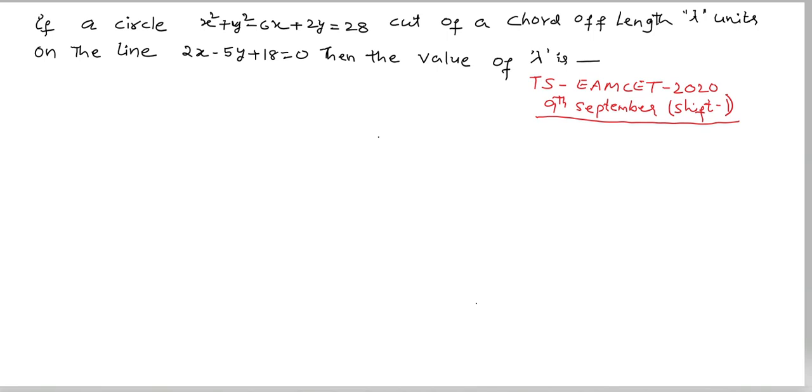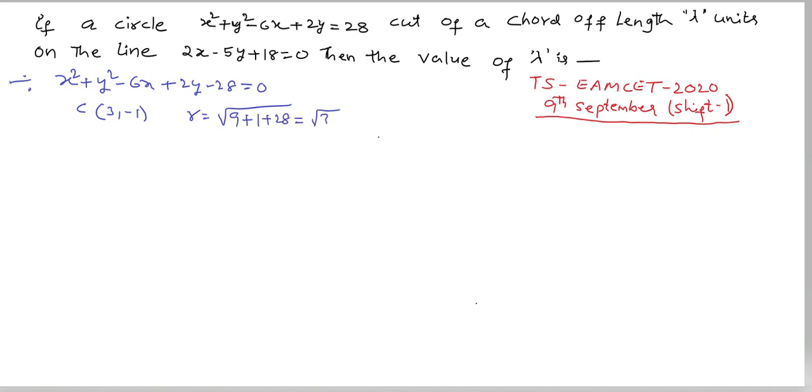So here the given circle is x square plus y square minus 6x plus 2y minus 28 is equal to 0. The center of this circle is (3, minus 1) and the radius is root of g square 9 plus f square 1 plus 28, equal to root 38. And the given chord line is 2x minus 5y plus 18 is equal to 0.